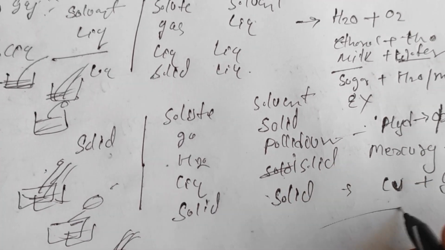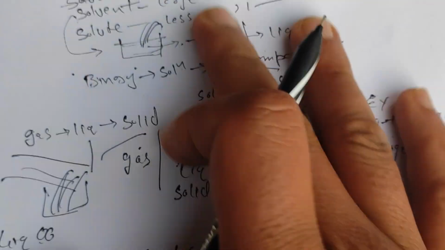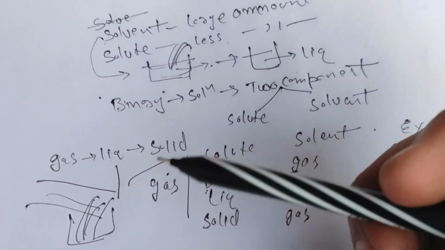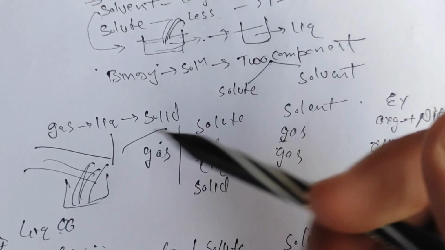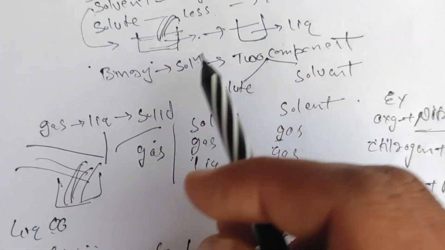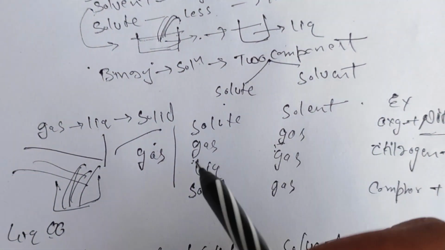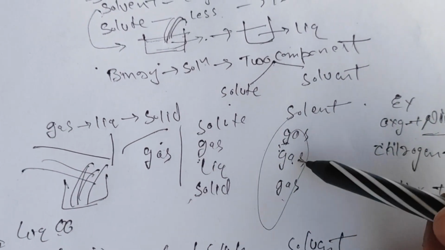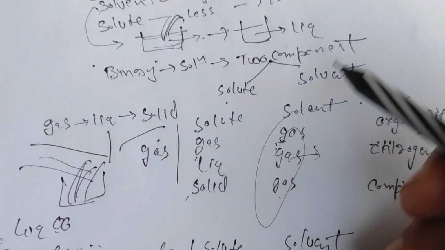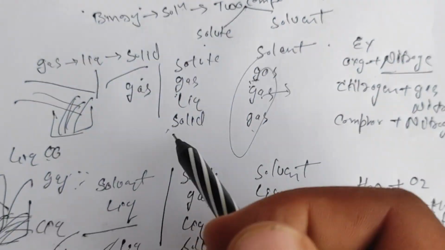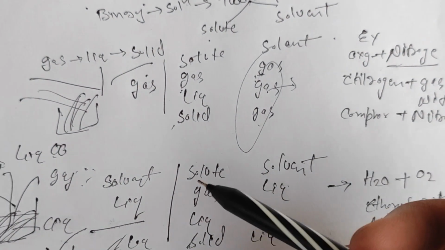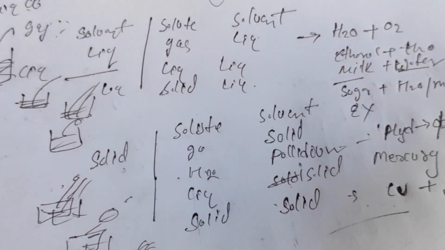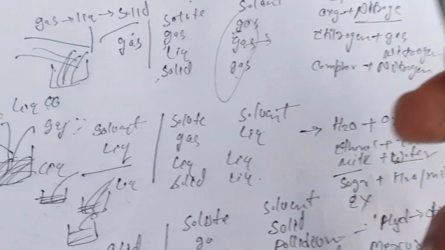To recap the basic form: a binary solution has two components, solute and solvent. First we take gas as the solvent with gas, liquid, and solid solutes, keeping the solvent constant and varying the solute, and the same for solvent as liquid and solvent as solid. This is the overall set of examples.